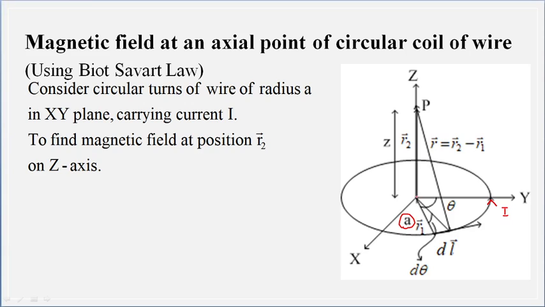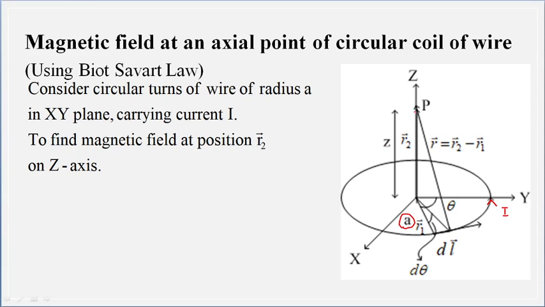This is the center, and the line passing perpendicular through the center is the axis. So here the axis of the coil coincides with the z-axis, the coil is of radius a, and the point P where you are finding the magnetic field is at distance z. We are using the symbol z; you can use any other symbol. I am using the symbol given in your prescribed textbook, Reitz and Milford.